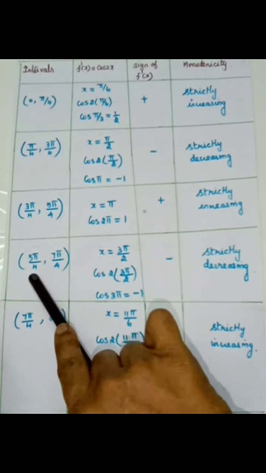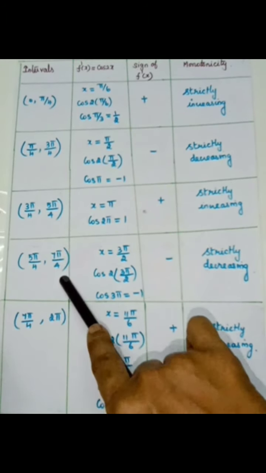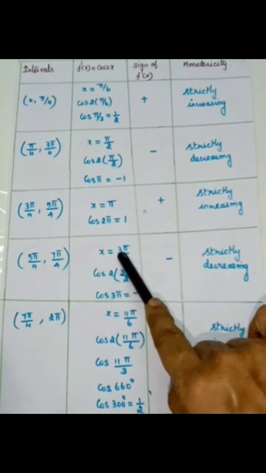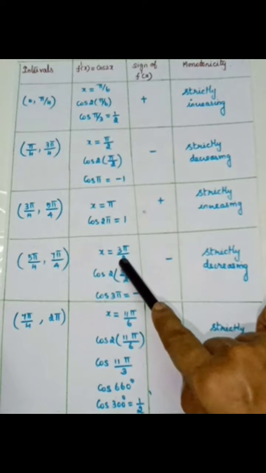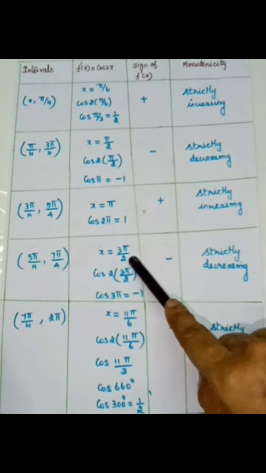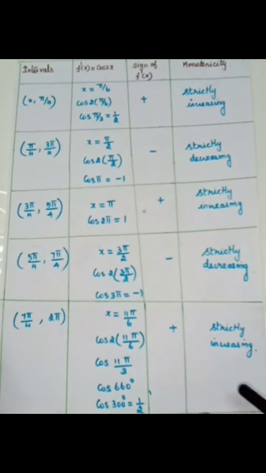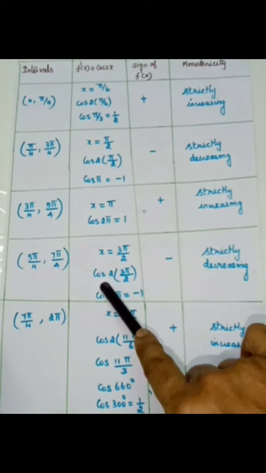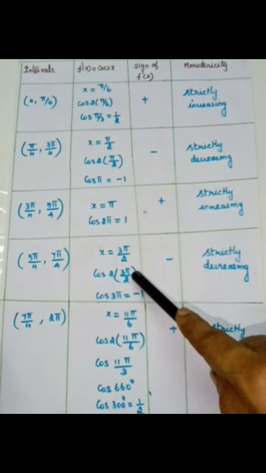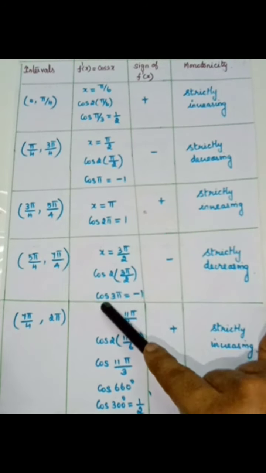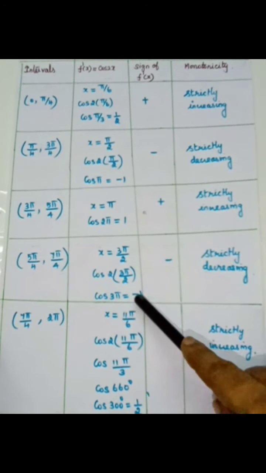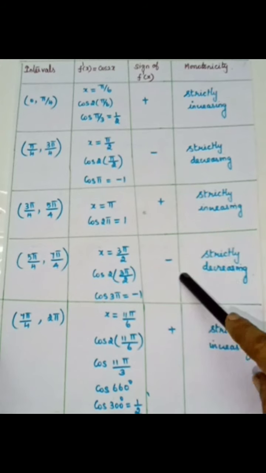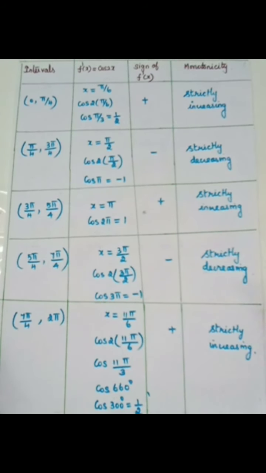So we can take x is equal to 3 pi by 2. 270 I have taken. So when you substitute cos 2 into 3 pi by 2, 2 getting cancelled. So you're having cos 3 pi. What is cos 3 pi? It is minus 1. So here it is negative. So the function is strictly decreasing.